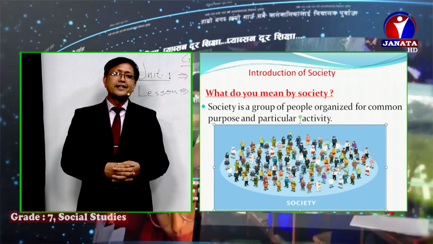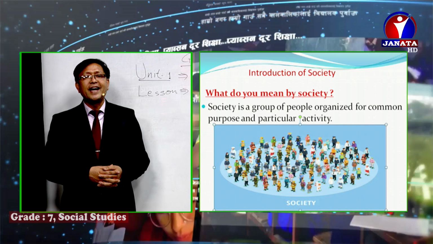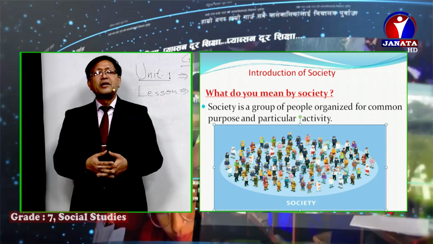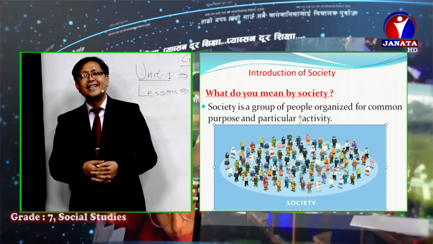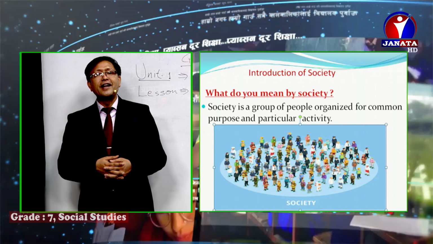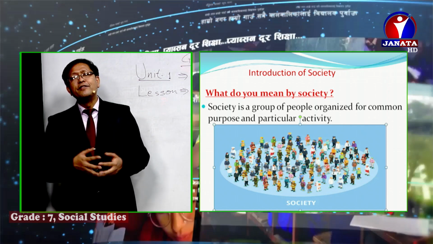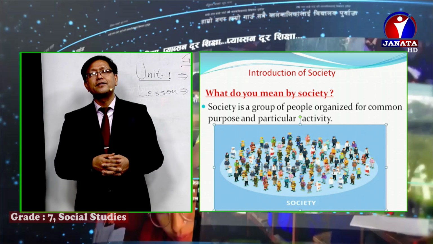Dear students, boys and girls, remember we all live in society. And look at how many types of people live in our society. Many castes, right? People who speak different languages, people who follow different religions, people who have different professions.